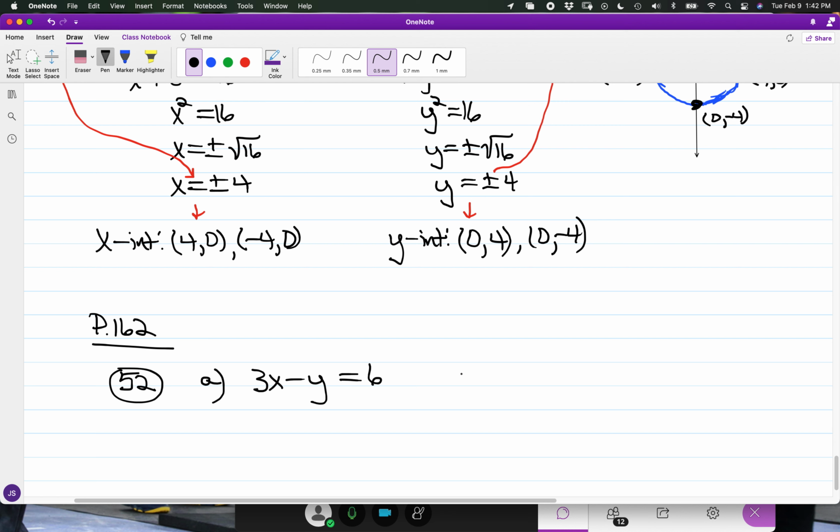So again, we have y is equal to mx plus b.